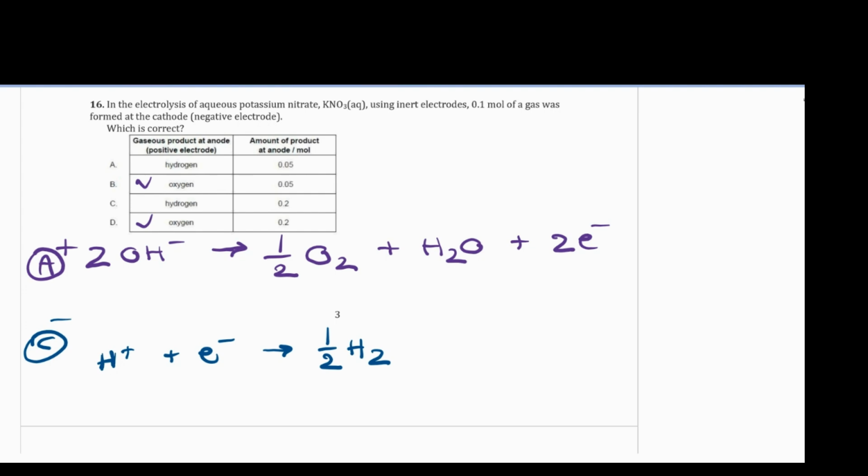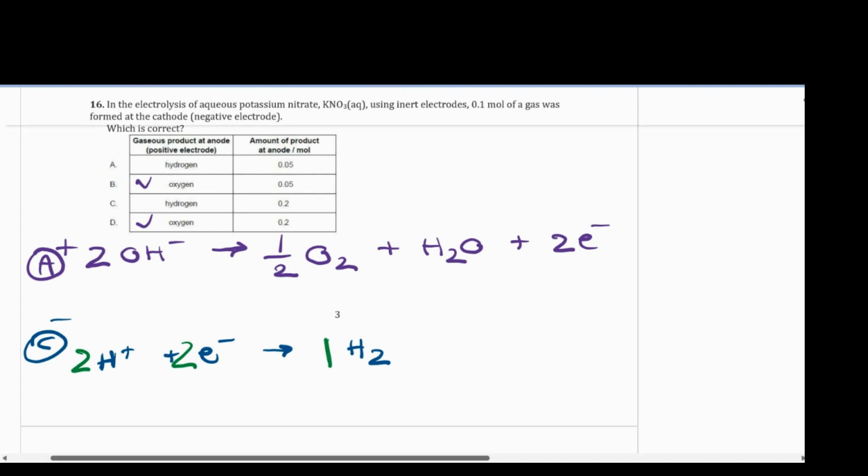What we have to do in order to carry this question on, though, is balance the electrons, because otherwise we cannot compare the two equations. So if we balance the electrons, we get 2H plus, 2 electrons, and this turns into a 1.